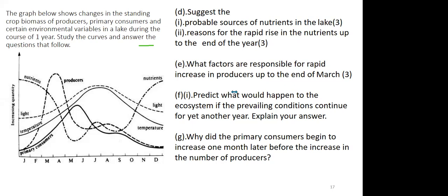Okay, teacher, I think the reason there is a rapid increase in the producers up to the end of March is because we see that the temperature is rising and also the light intensity is rising.